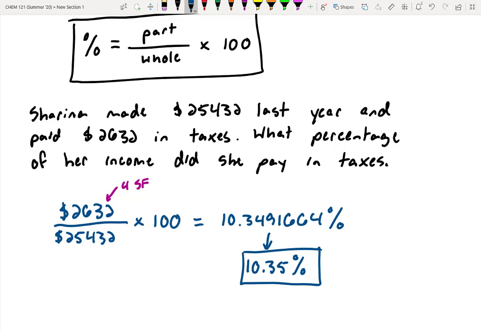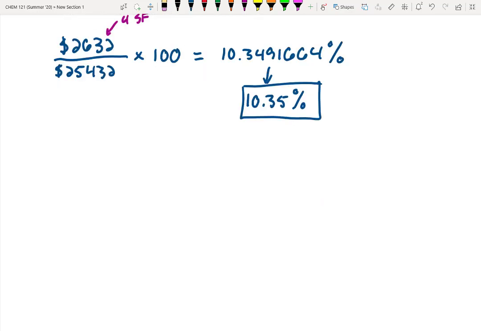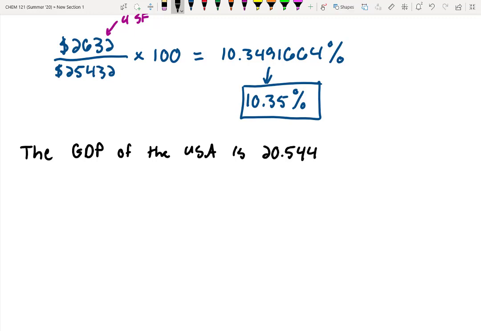All right, the interesting thing with this is you can also turn this into a bit of an algebra problem. This next problem I actually looked up, and I'm going to write it out. The GDP, meaning the gross domestic product, that's the value of all goods and services of the USA, is $20.544 trillion.